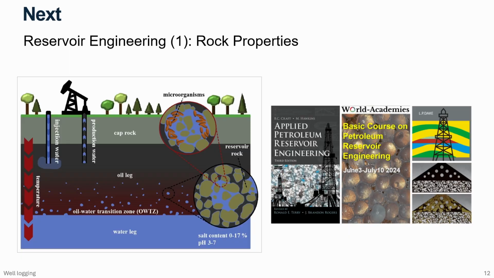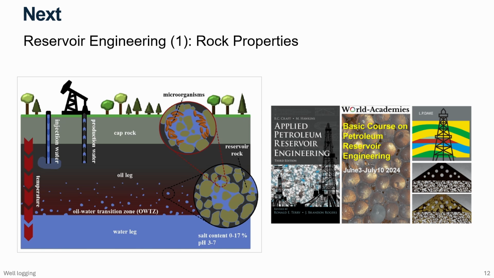This slide previews the next week, Reservoir Engineering 1, Rock Properties. That transition makes perfect sense. After we learn how to identify lithology, porosity, and fluids from well logs, the next natural step is to go deeper into the rock properties that control reservoir performance.